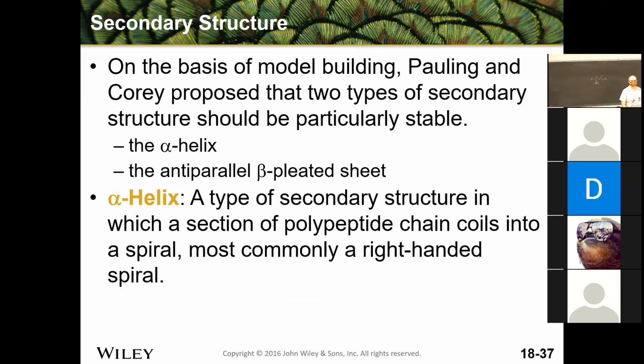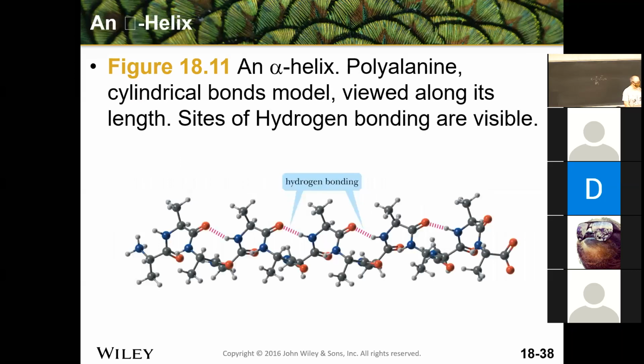Most commonly, it's a right-handed spiral, so it looks like a coiled spring. And hydrogen bonding occurs between the oxygen on a carboxyl group and the nitrogen 4 amino acids ahead of it in the alpha helix.